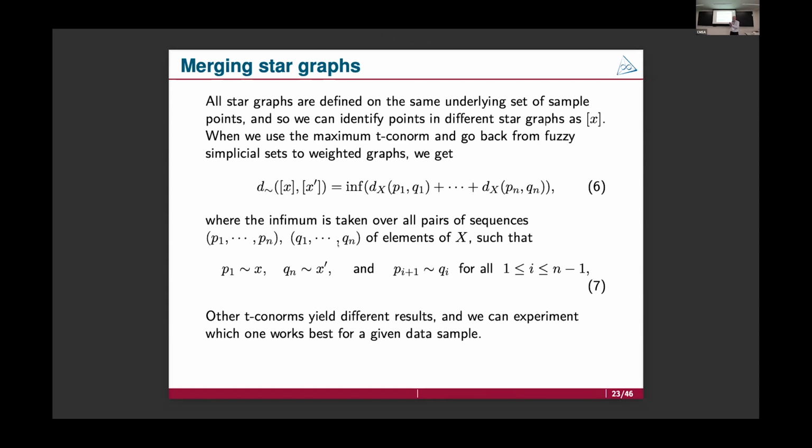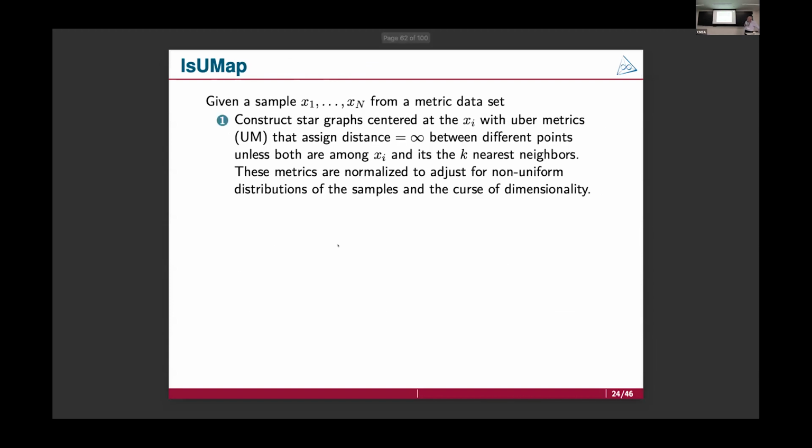So the number k is a free parameter, the number of neighbors that we choose. Although we are not necessarily required to take minus logarithm as a monotonically decreasing function, we have not really experimented much with that. But the choice of the T-conorm is also a parameter that one can experiment with, and in our data we have tried a couple of different ones.